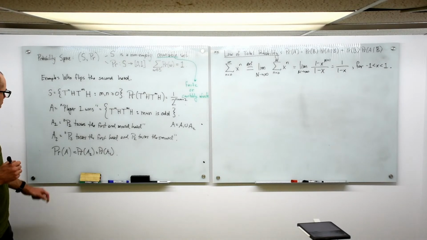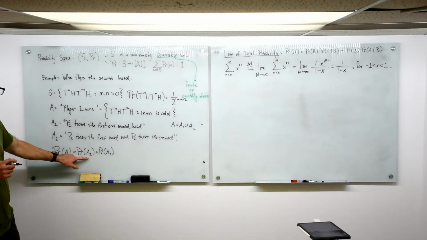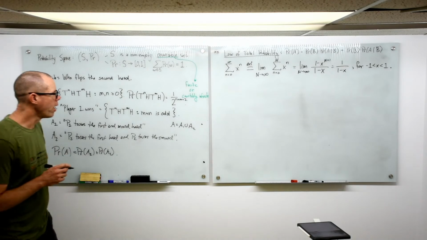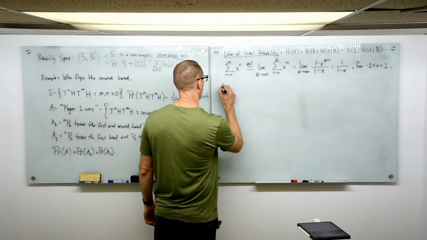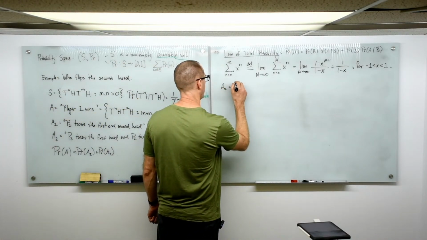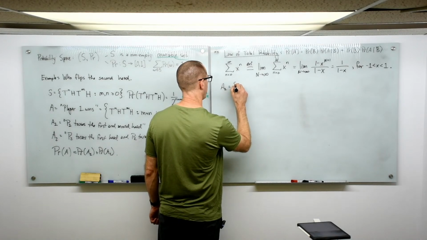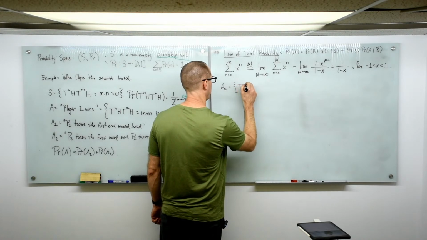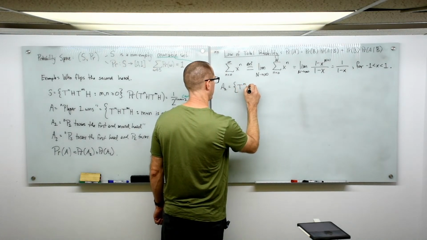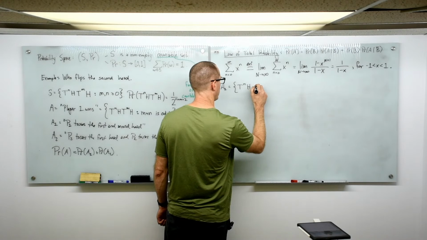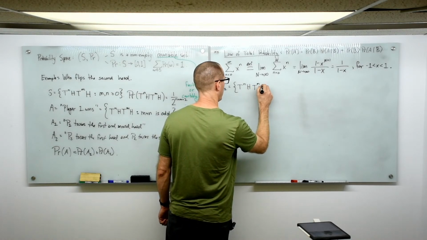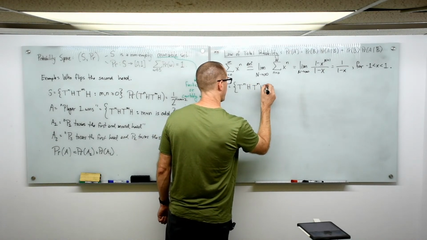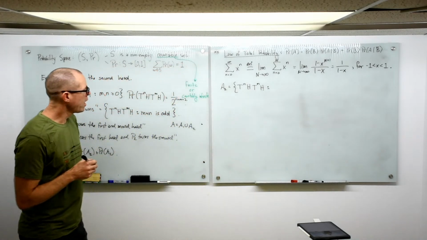Okay. So let's try and figure out the probability of A1. So A1 we can write like t to the n h t to the m h, and you need that.